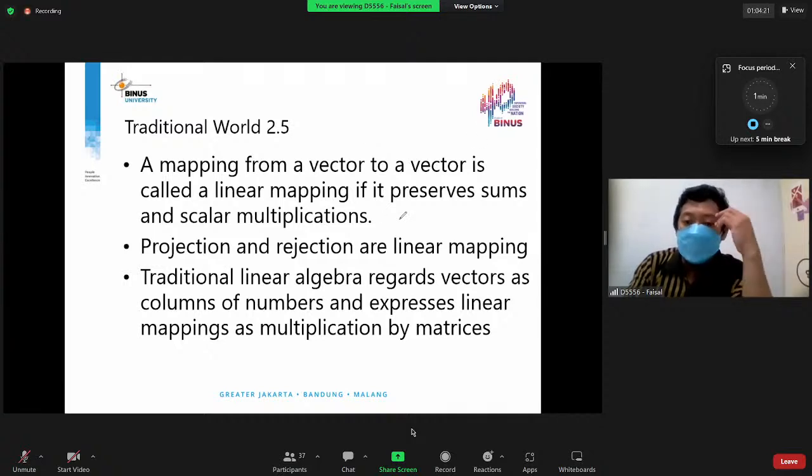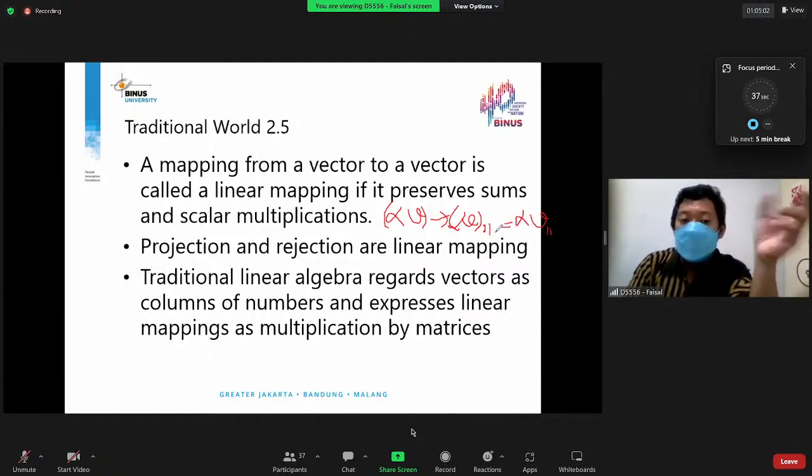Same with scalar multiplication. If we multiply the vector by a scalar and then project it, this will be equal to projecting vector B and then multiplying by the scalar.